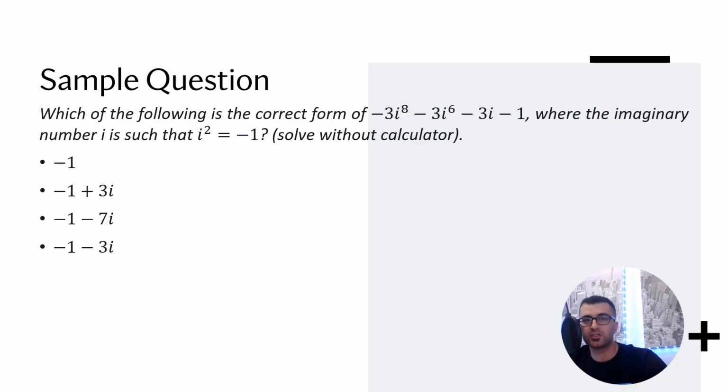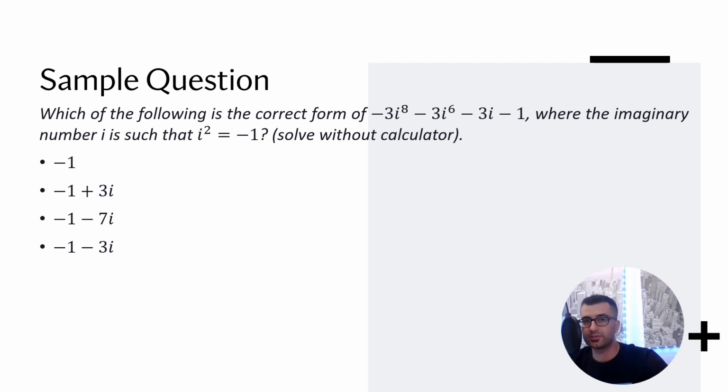The question is, which of the following is the correct form of minus 3 multiplied by I to the power of 8, minus 3 multiplied by I to the power of 6, minus 3I, minus 1, where the imaginary number I is such that I squared equals minus 1.